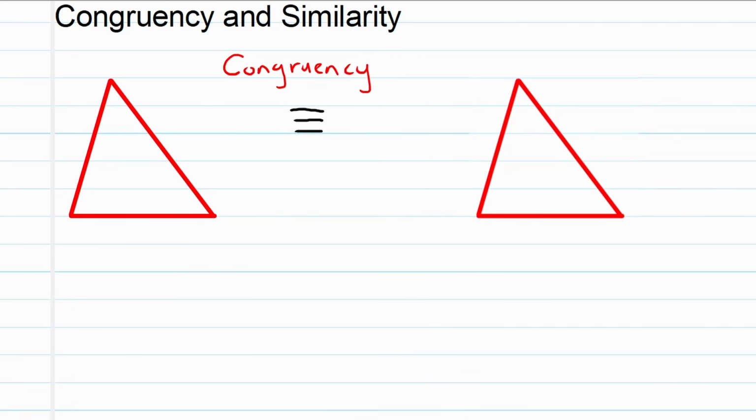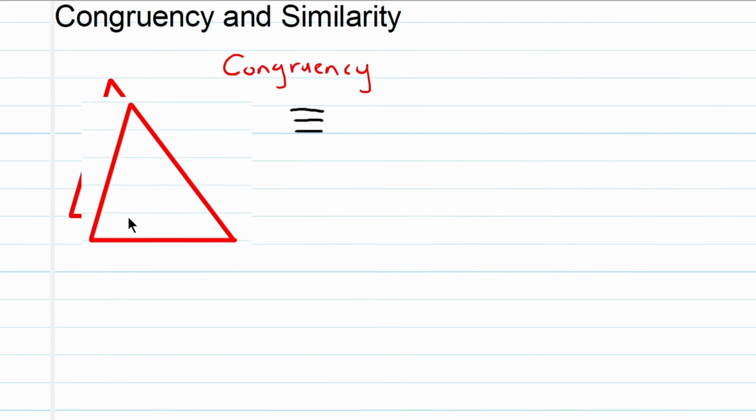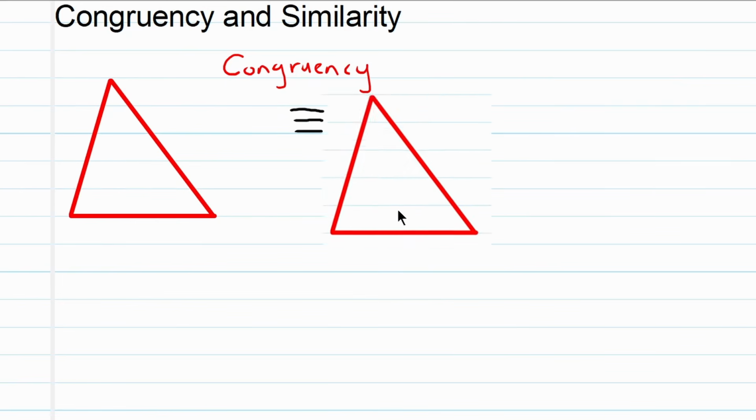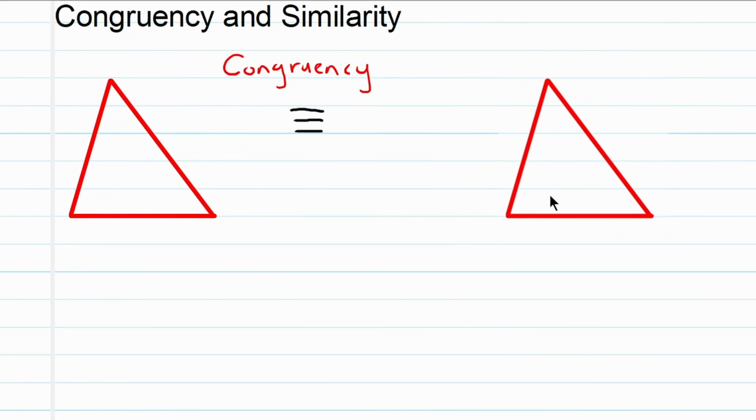If you look at these two objects, the triangle on the left, the triangle on the right, you would have noticed that I literally just copied the one triangle and made a duplicate on the right hand side. So these two are perfectly the same in every aspect. This angle is equal to that angle. In other words, corresponding angles are equal. This angle is equal to this one.